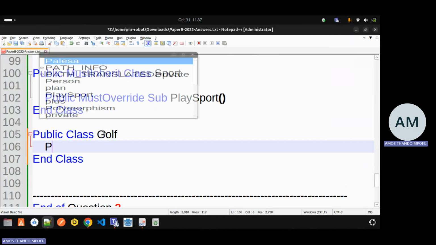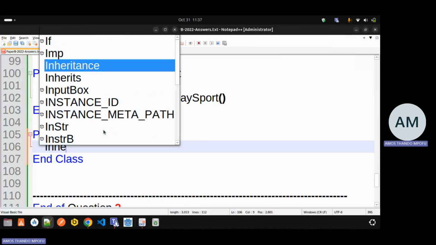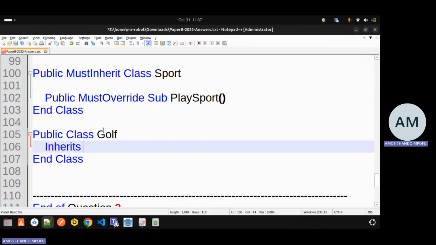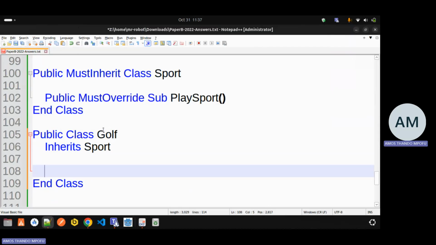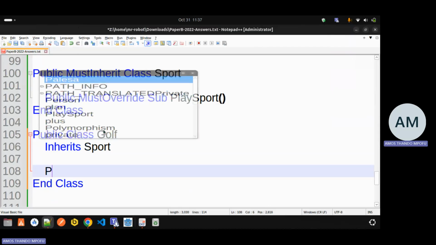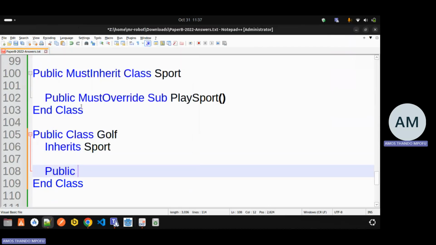So golf, and then I need to also specify that it inherits from sport. Since it inherits, that will force me to also override. If I don't say inherits, they won't really know that it actually inherits. So you'd have to actually say inherits, so that they know that it means you have to override.